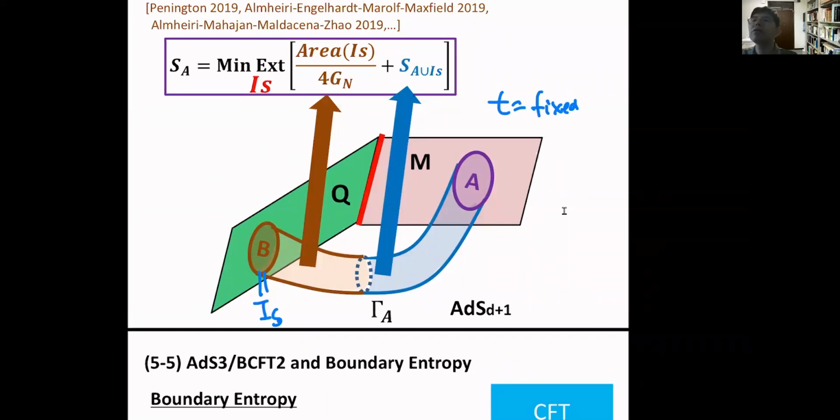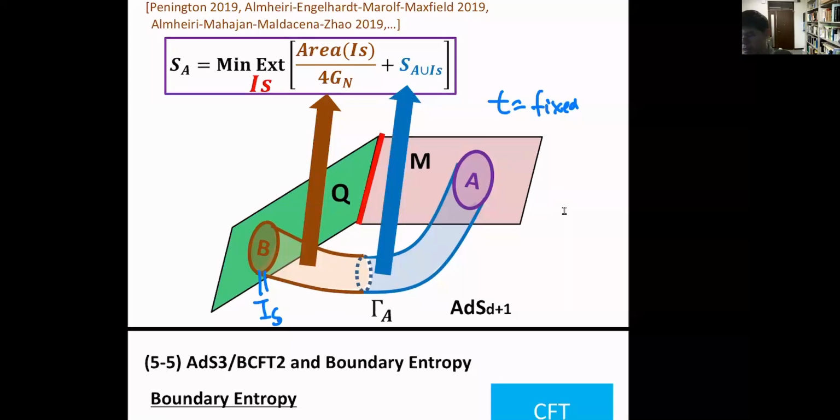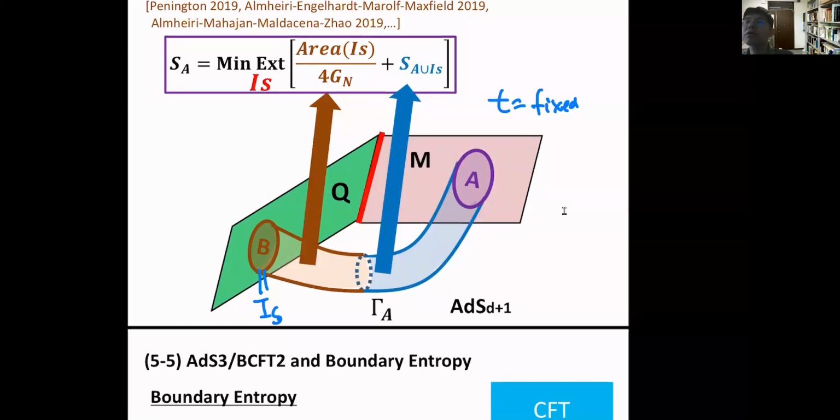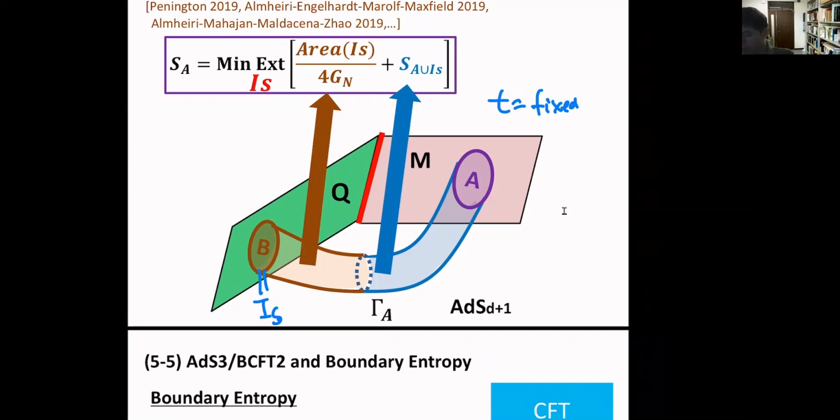Can Q extend inside the horizon? Q is the time direction, and yes, that's also true.